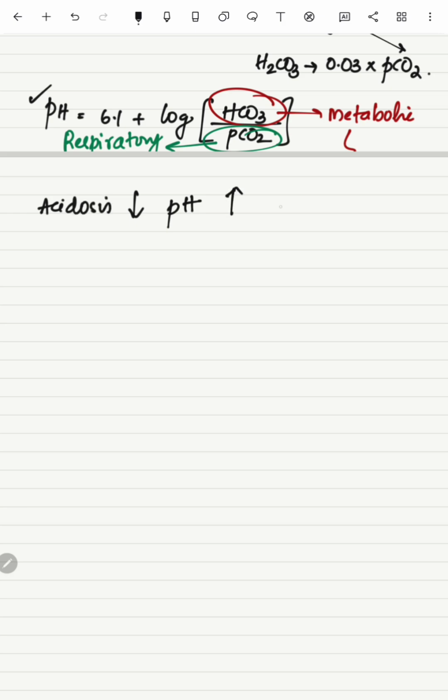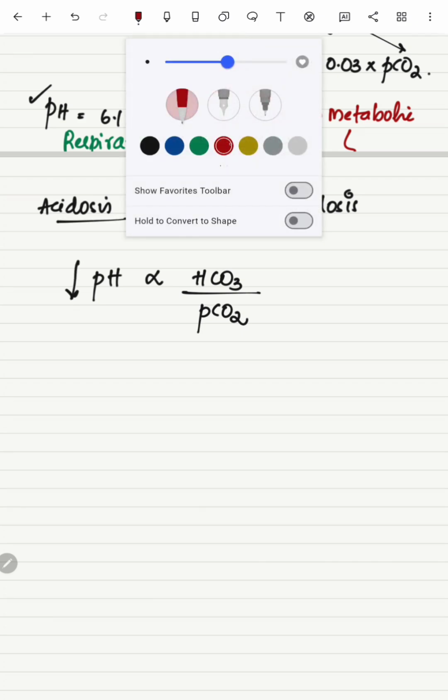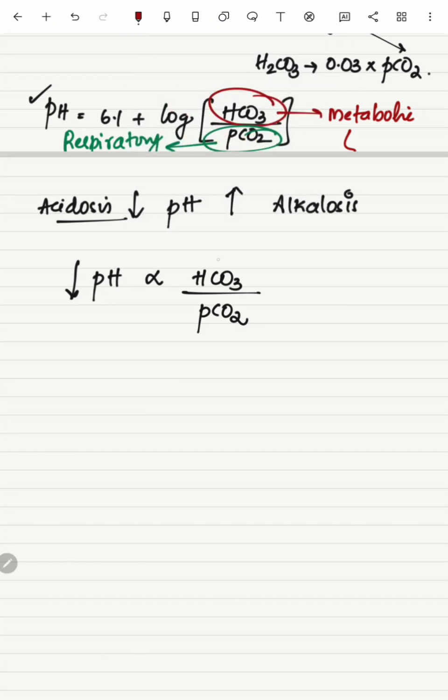If there is a decrease in pH, that means acidosis. If there is an increase in pH, that means alkalosis. Now, from the Henderson-Hasselbalch equation, it is well known that pH is proportional to HCO3 by PCO2. Now we are going to discuss acidosis, that means pH is decreased.